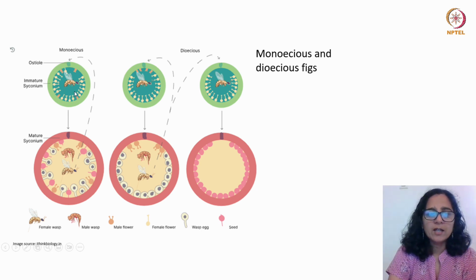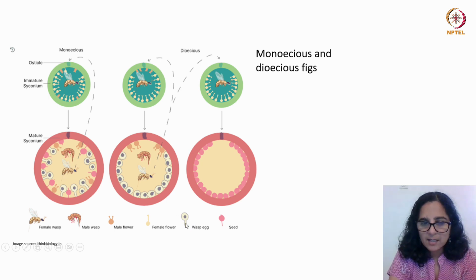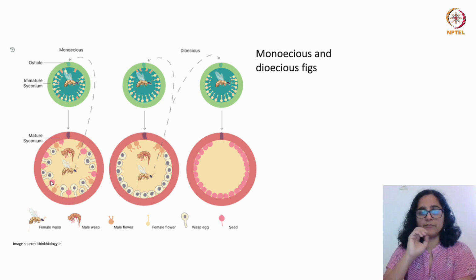So this is an immature fig of a monoecious plant, and this is a mature syconium of a monoecious plant where both male and female wasps are developing, and this little thing is represented as a wasp egg, and this pink thing is a fig seed. So both seeds and wasps are produced in monoecious figs.